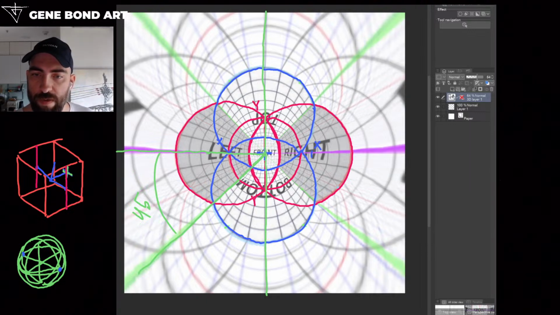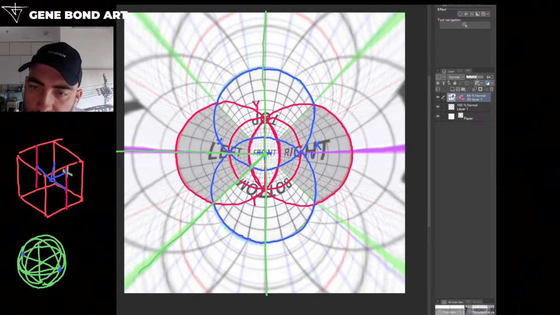So, and when this 45 angle line goes there, it intersects every 45 axis here. You see, so we have this front side, and we have this rear side.